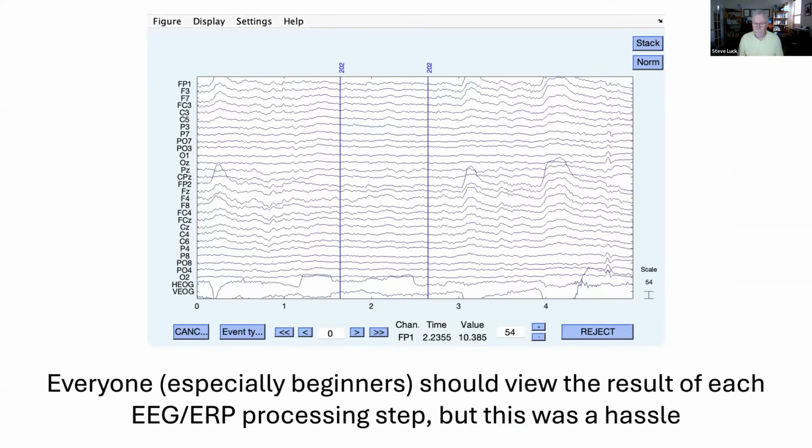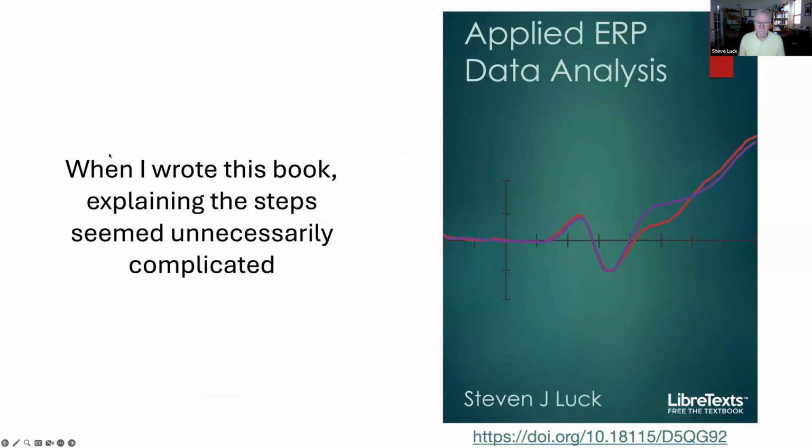But man, this is such a hassle with the current version of EEGLab and ERPLAB Classic, because you have to keep plotting and you have to go click on a place to get the plotting window, then adjust the plot the way you want to see it. It was really not automatic and a pain.